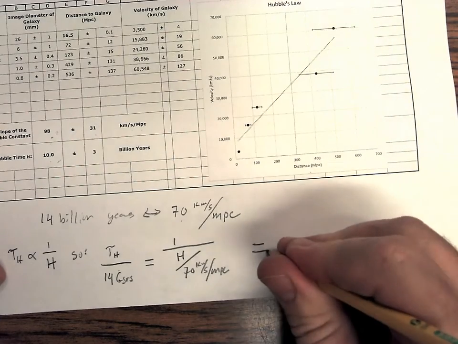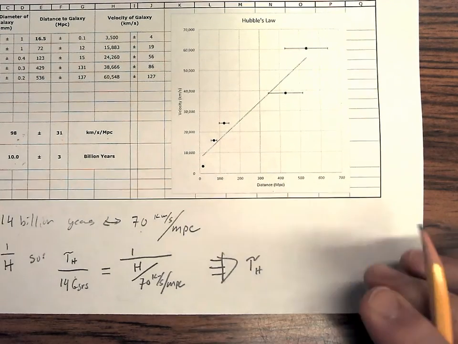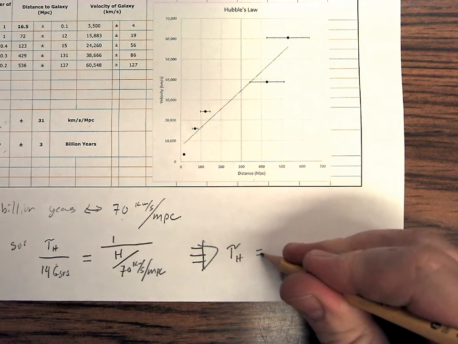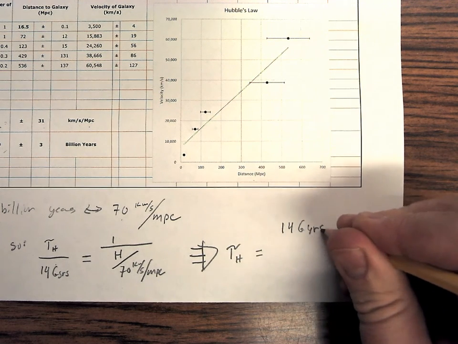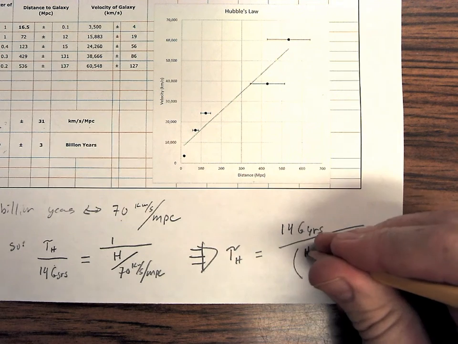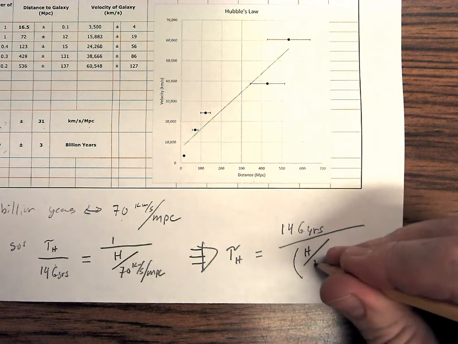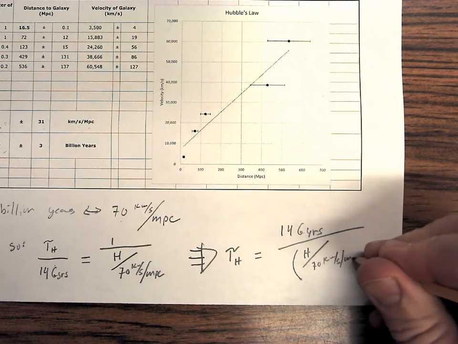And then therefore that implies that the Hubble time is equal to 14 billion years divided by h over 70 kilometers per second per megaparsec.